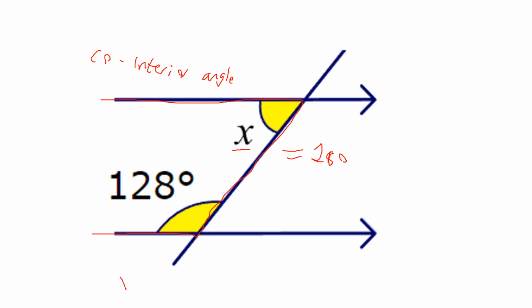So x plus 128 is equal to 180. And so therefore x will be equal to 180 minus 128, which in this case is equal to 52 degrees. Make sure you remember your units, especially if you're doing Excel, they're not as forgiving.